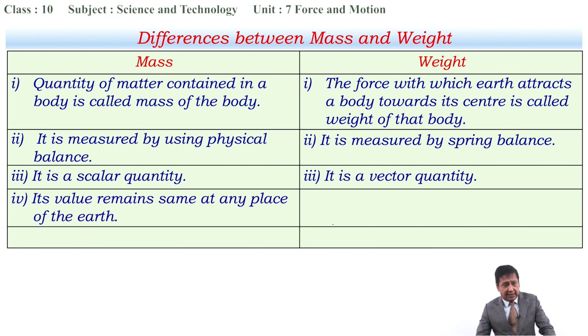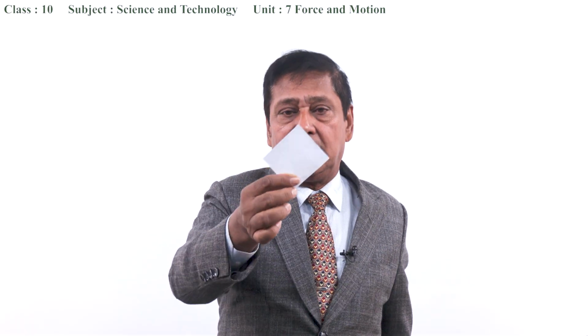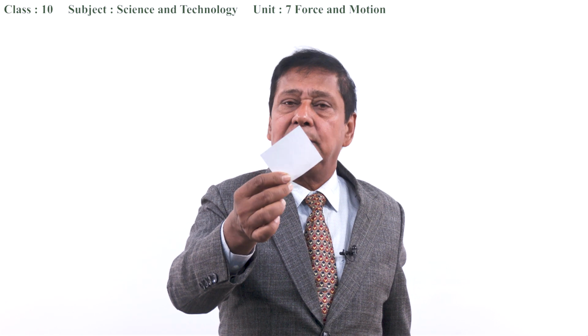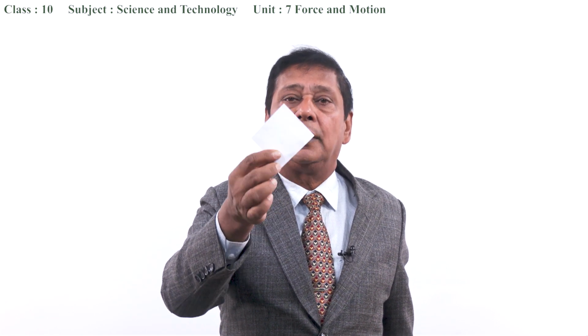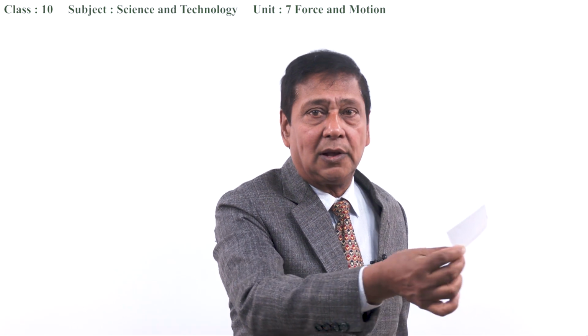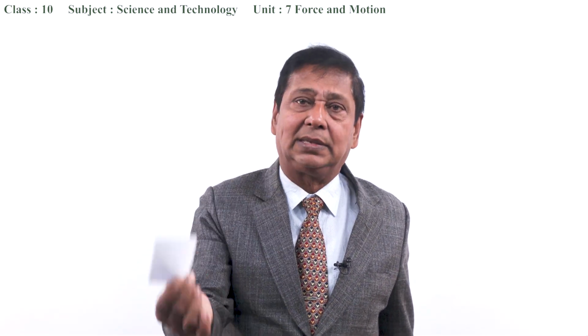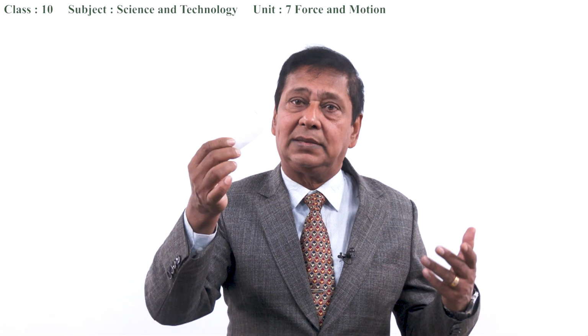Now next, mass remains the same at any place of the earth. If this piece of paper is taken to the North Pole, then its mass remains the same. If it has 1 crore molecules, then at the North Pole, or at the South Pole, or at the equator also, the quantity of matter remains the same. The number of molecules remains the same.